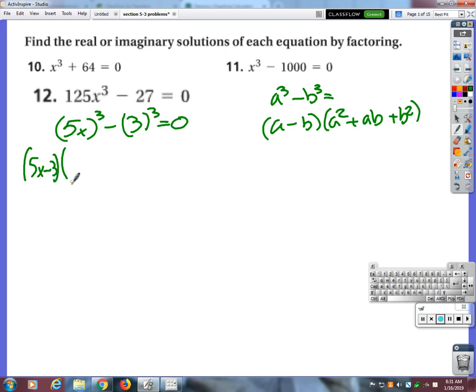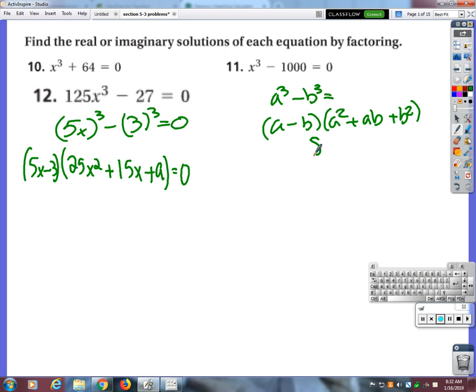And what would a squared be if a is 5x? Yep, 25x squared. 5 squared is 25, x squared is x squared. Then plus a times b, so multiply these two together, you get 15x, and then plus 9, equals 0.